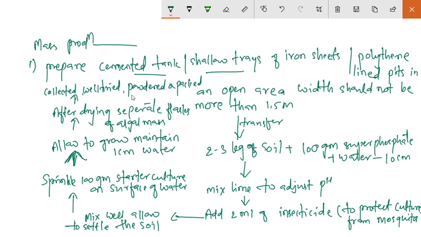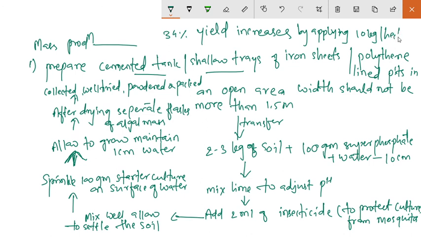Application of blue green algae to the crop is known as algalization, and it increases the yield up to 34% by applying 10 kg per hectare in the paddy field. So it is the mass production of the algae.